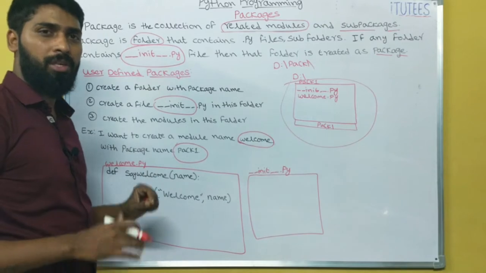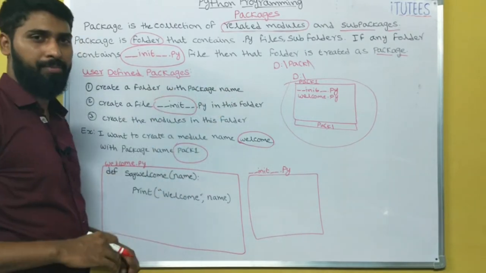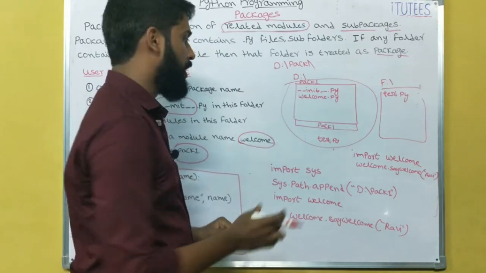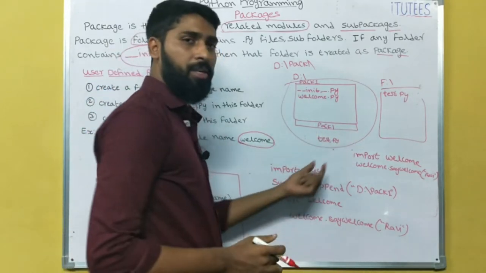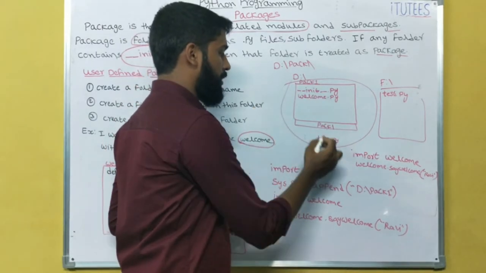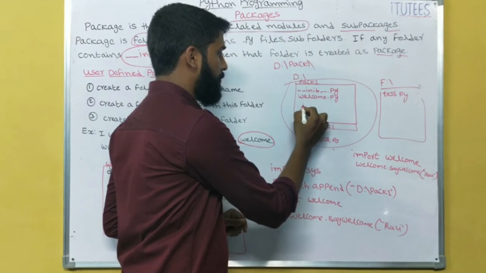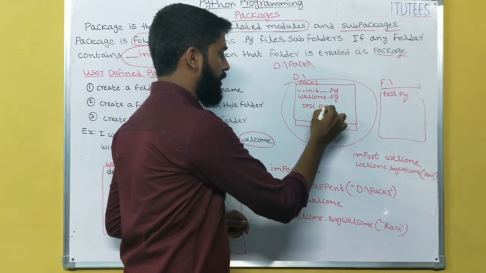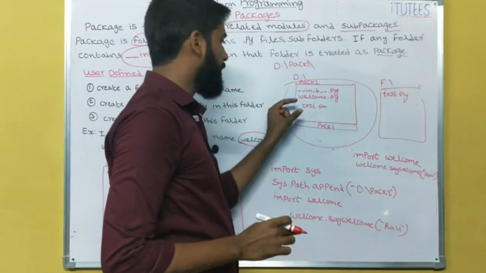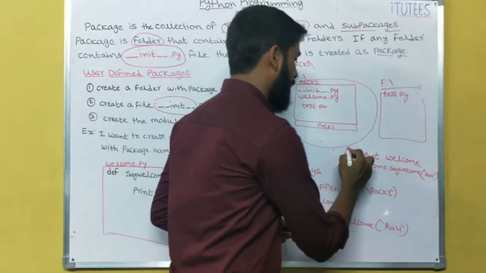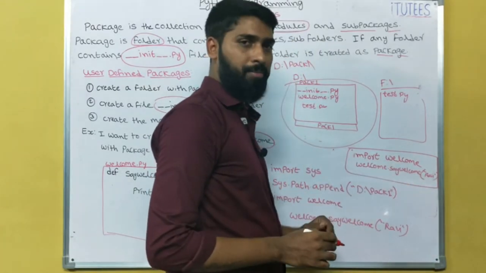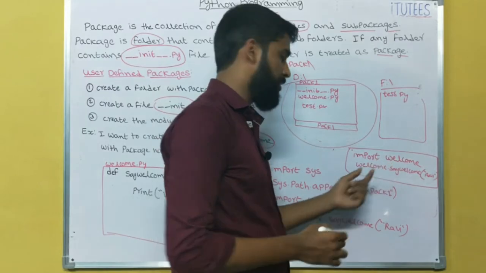Now we are going to see how to use this package. The welcome.py module is in pack1. Now I am going to write one test.py in the same location. So this test.py is also in this package, that means test and the module are in the same location. Then we can import like this: import welcome, as we already discussed at the time of modules.